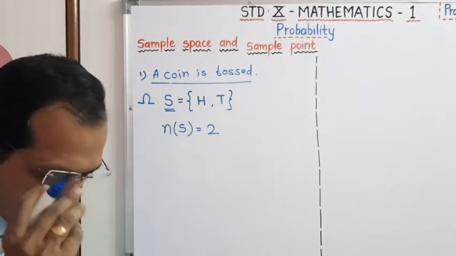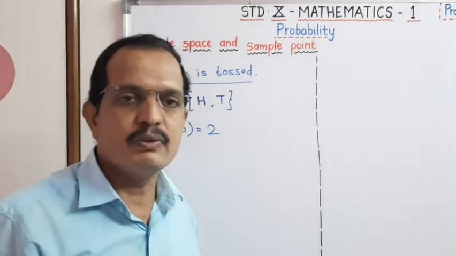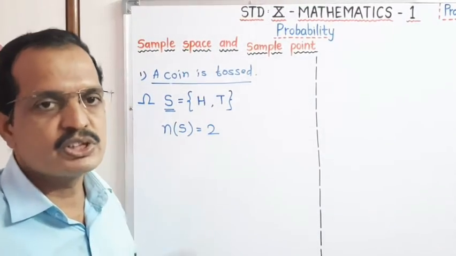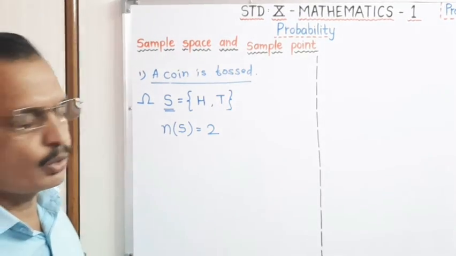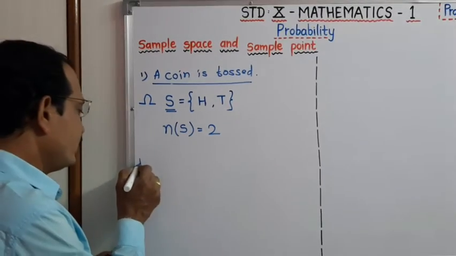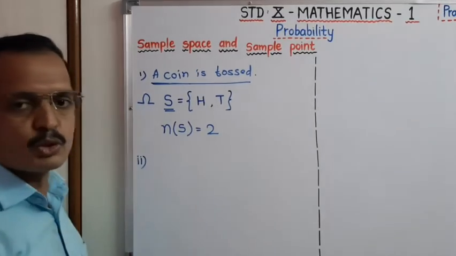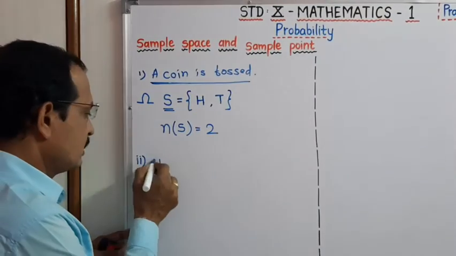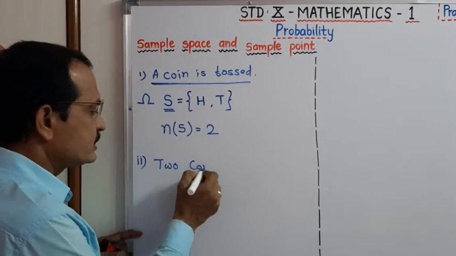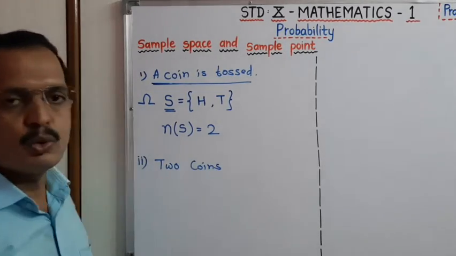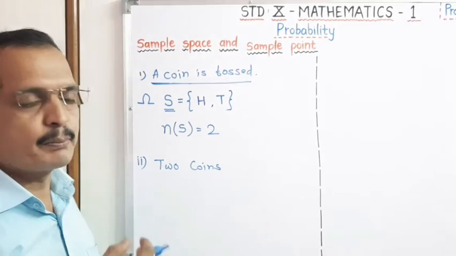In our book various experiments and their sample spaces are given. One table is given that you have to follow. In that, here one coin is tossed. Suppose we toss 2 coins. Now for 2 coins we have to find the sample space.